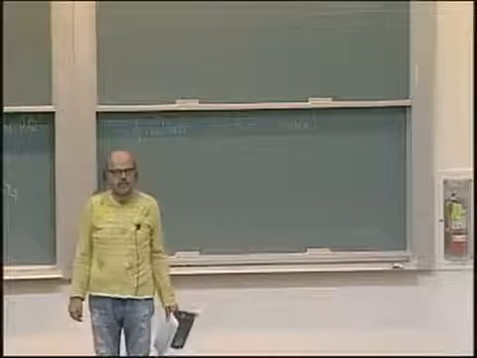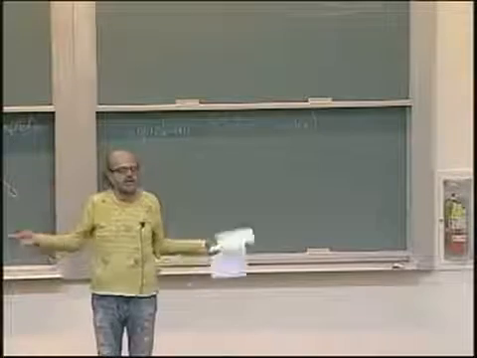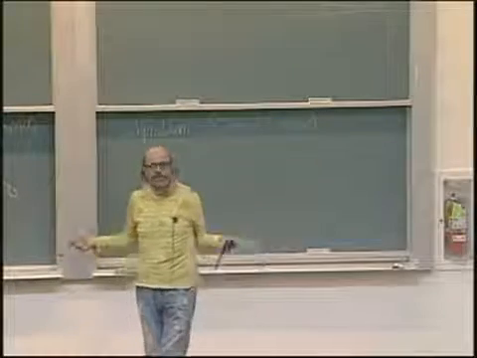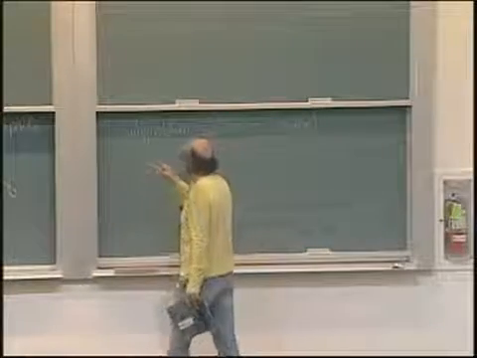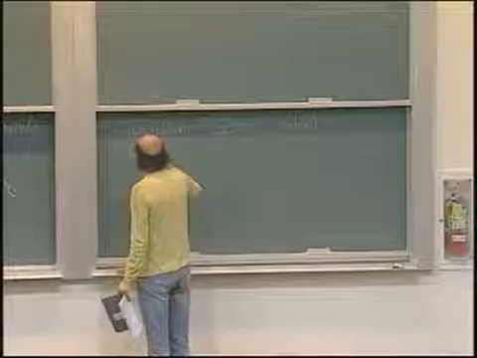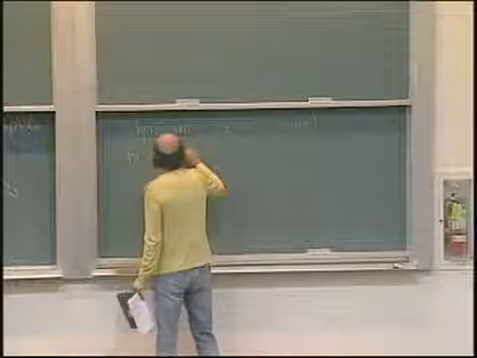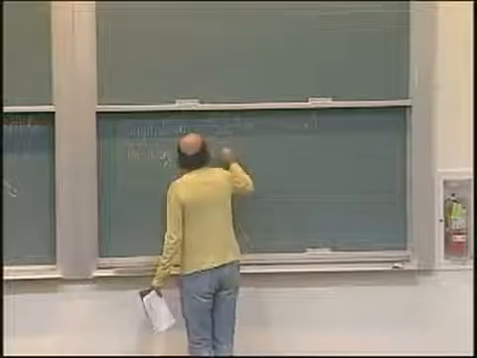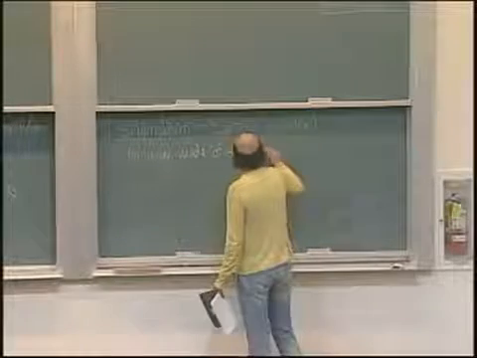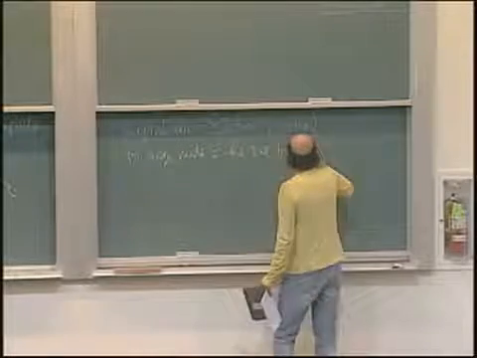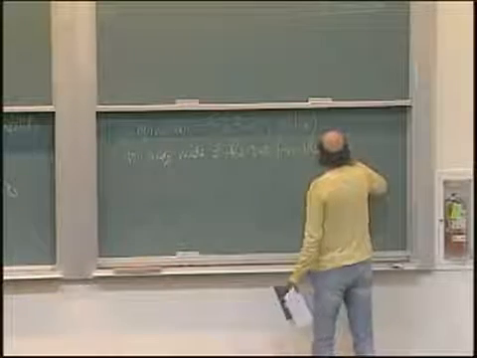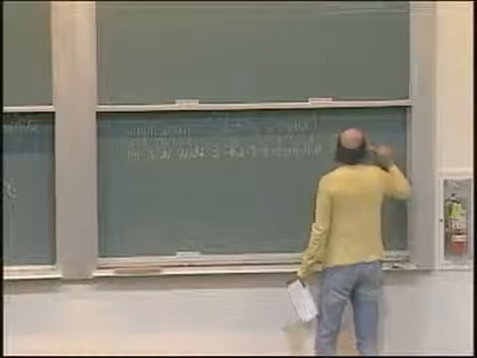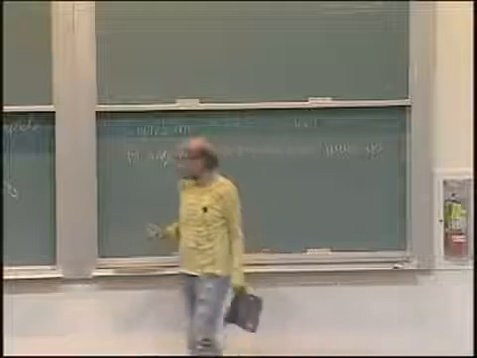Okay? So I'm now ready to write the dynamic program. Tell me if you believe it. For every node of the tree, from the leaves up, we do the following.